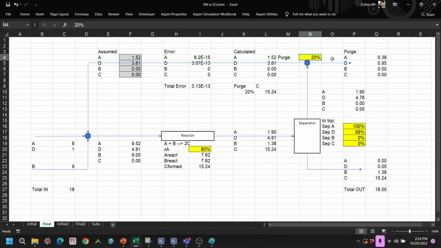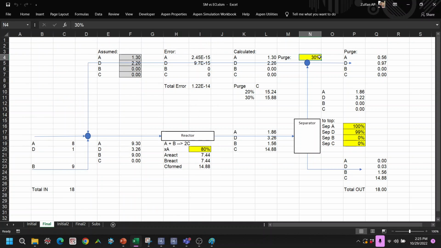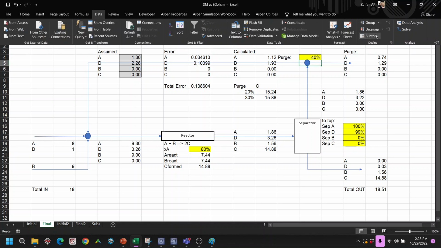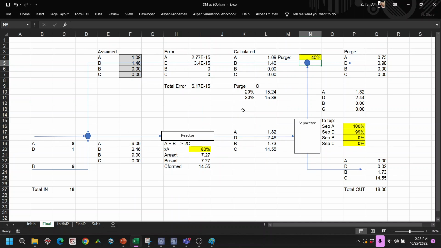So we could also say, now if I increase the purge, and then I redo this, you can see, so 30%, it's 14.88. If I then increase this to 40%, you can see 14.55.